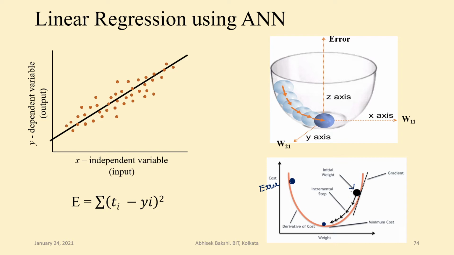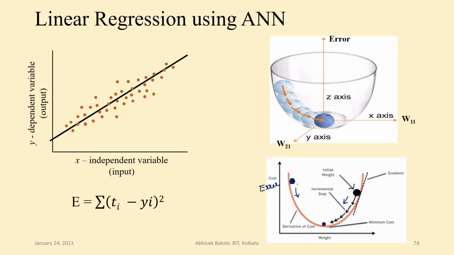If I am in this part, I will come in this direction, and if I am on this side, then I will come in this direction. And how can we do this? That is what we call the gradient descent algorithm. Last day we ended with this slide. Today we will go through the gradient descent algorithm, which is a learning algorithm for the artificial neural network.